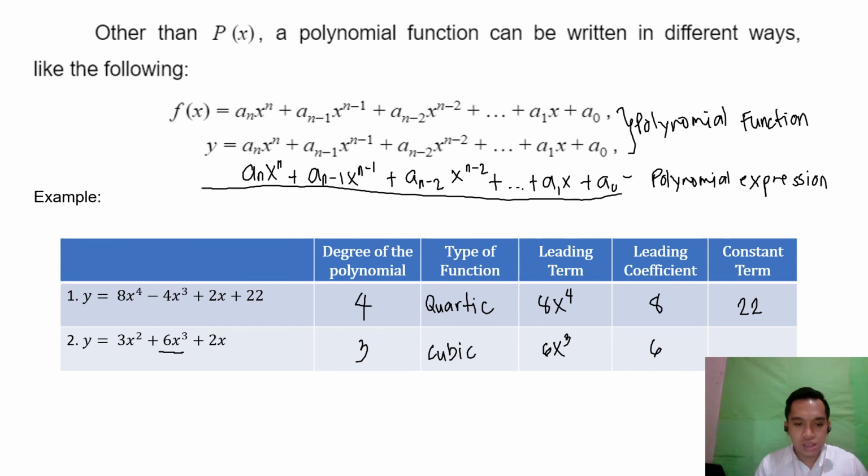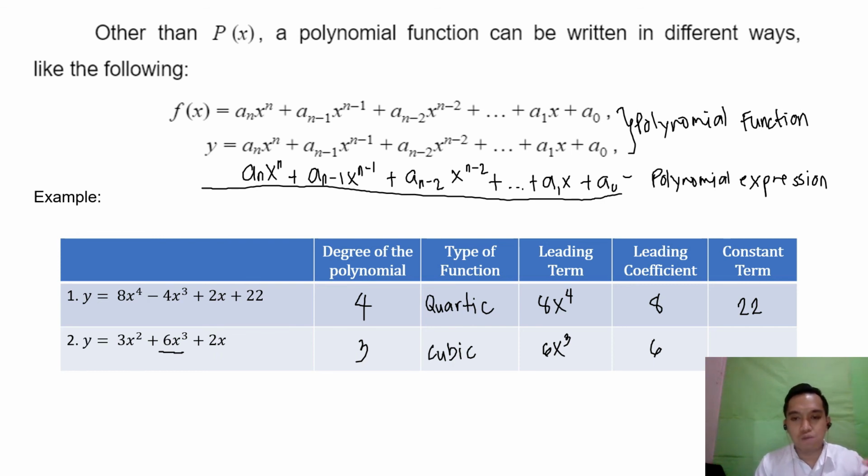Okay? So, that is how you are going to identify, kagaya kanina, yung sa pinakauna, malalaman mo siya kung polynomial siya o hindi. Mayroon siyang mga rules para malaman mo kung ito ay polynomial o hindi. And then we tackle about polynomial function.